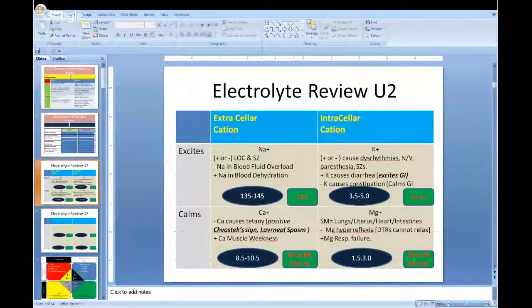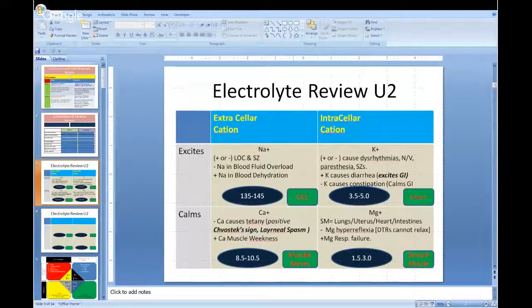Sodium, potassium, and they excite. And then we have magnesium and calcium, and they calm. Okay, let's go through the numbers.